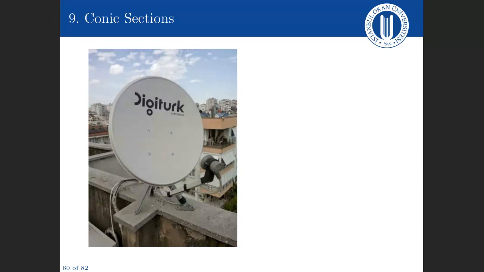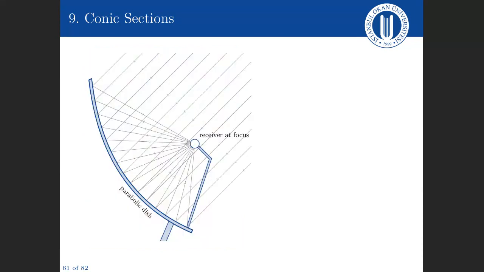Or this is used on satellite dishes. Let's suppose your signal is coming in from a satellite. We have some satellite up here in space, streaming down a digital signal or whatever it is you're watching.